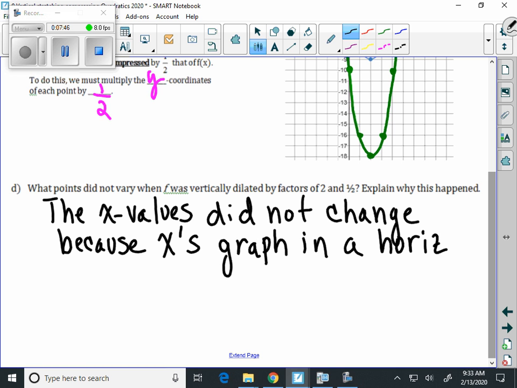I'm not sure I'm stating that very clearly, but it's better than what I have on my paper. They graph in a horizontal direction. X's, we go right and left to graph that value. And vertical is the up and down direction. So we're not going to change the x values because we're not going up and down.